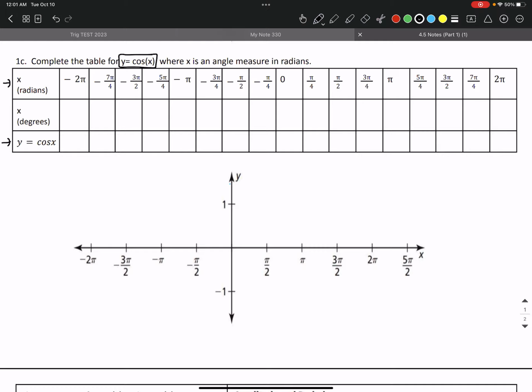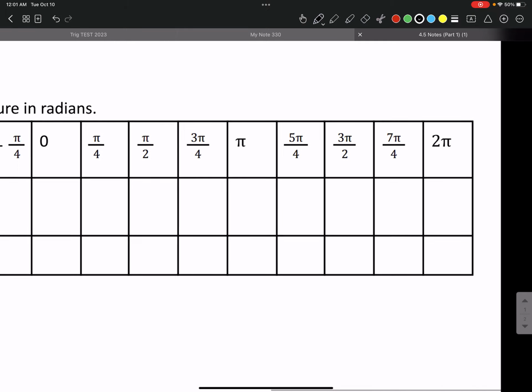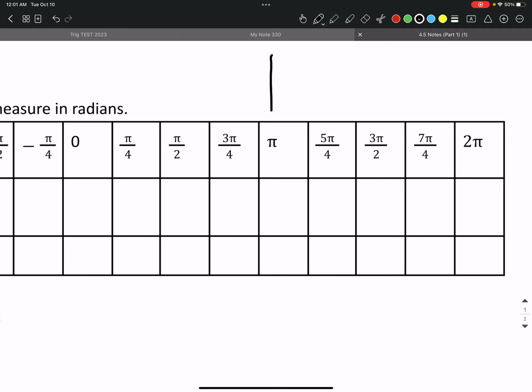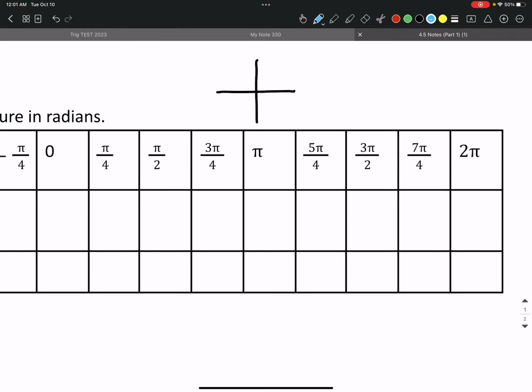The first thing I'm going to do is look at the values from 0 to 2 pi on the unit circle, and decide what the y value would be if I did cosine of these angles. The first one is 0 radians, which would be on the unit circle at the point (1, 0).